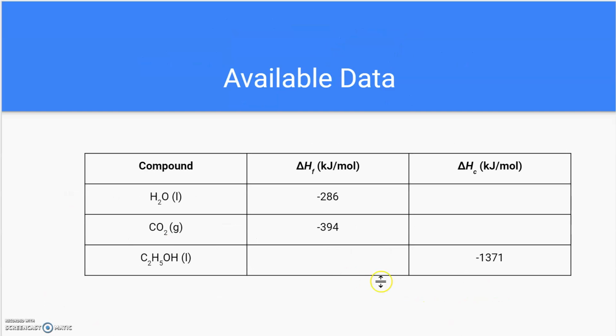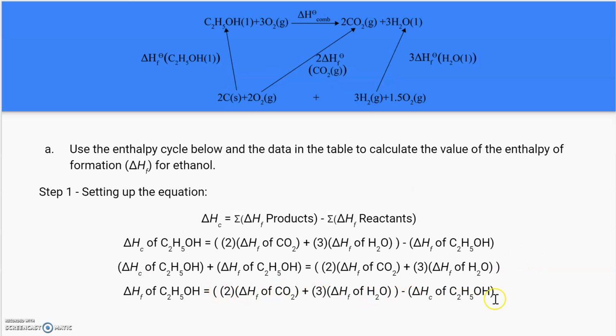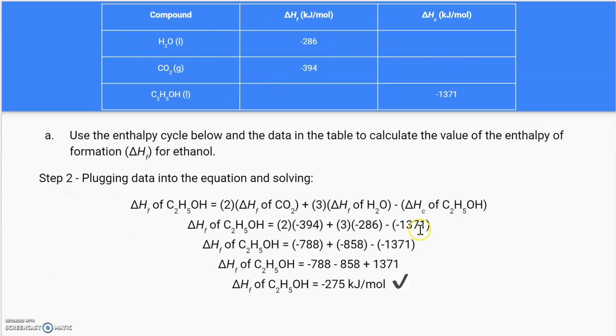If we look at the table, we do, which is negative 1,371 kilojoules per mole. So the three variables that we need to yield this enthalpy of formation of ethanol, we have values for them. So having that, we can just plug them in and solve it out mathematically.